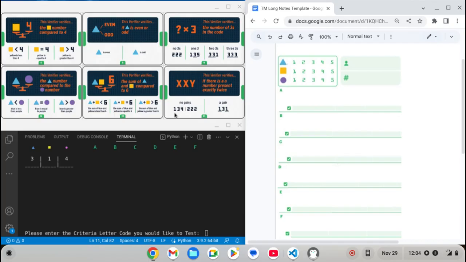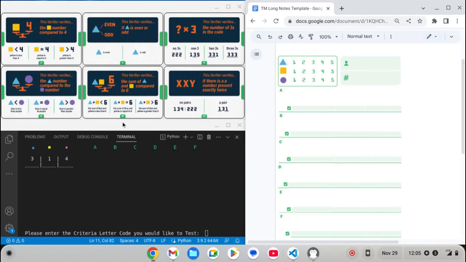One where all the digits are different, as in the example 134, or all the digits are the same, as in the example 222. And remember, the objective of today's puzzle is to find that unique 3-digit code that abides by all of the 6 criteria cards we just discussed. And we're going to start off with an initial proposal of 314.